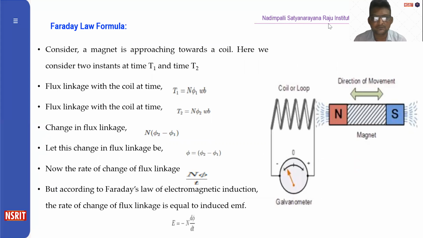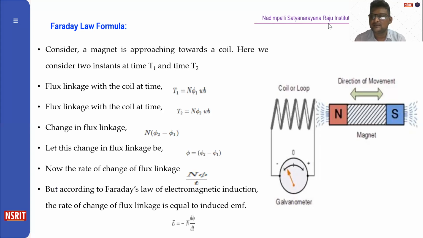We can learn more about Faraday's law formula. Here we are using one coil connected to one galvanometer, and a magnet approaching towards the coil. Consider two time instances t1 and t2.